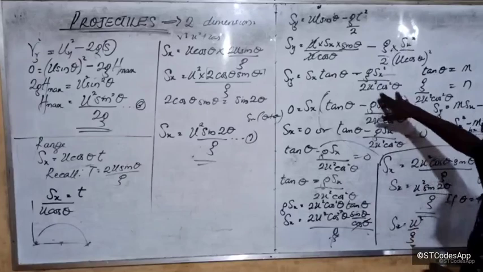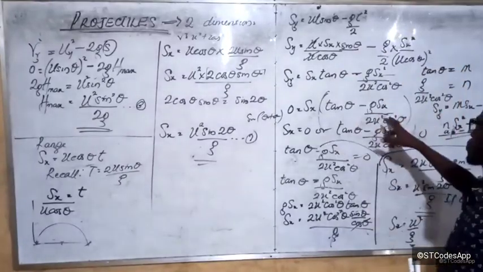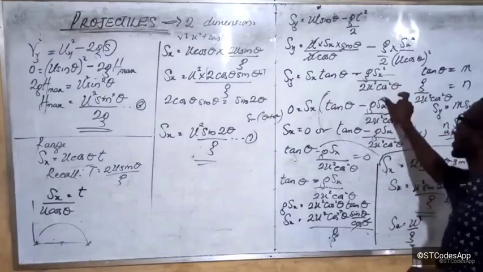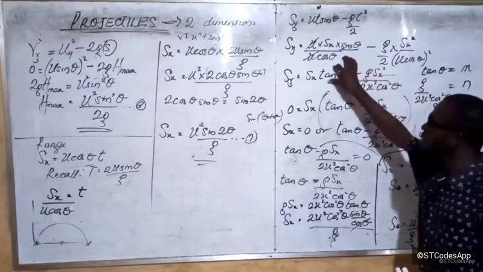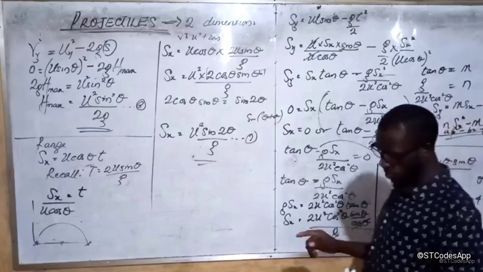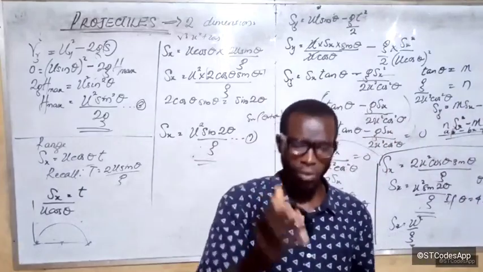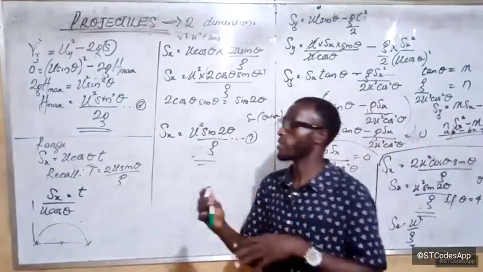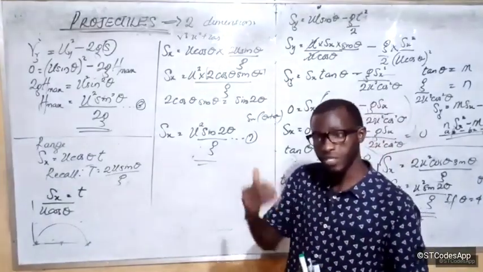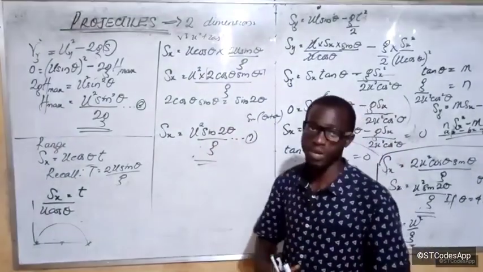In fact, we brought in cos squared theta plus sine squared theta is equal to 1, so we can replace this by 1 minus sine squared theta, and replace this by tan squared theta, which is equal to sec squared theta minus 1. You can work those maths on your own. Just try your hands at maneuvering the equation, and they all give rise to different relationships that explain this parabolic curve.